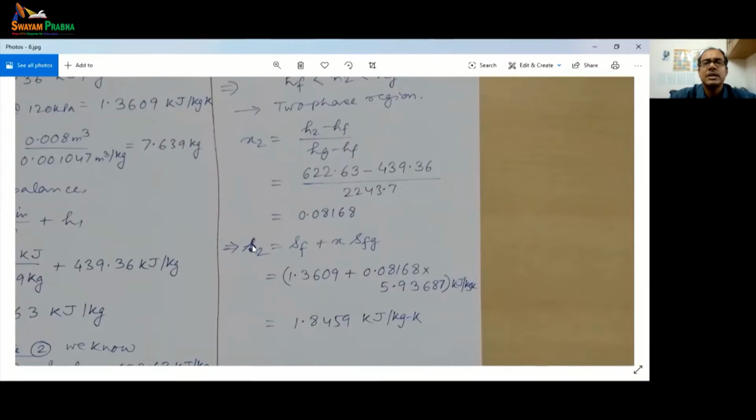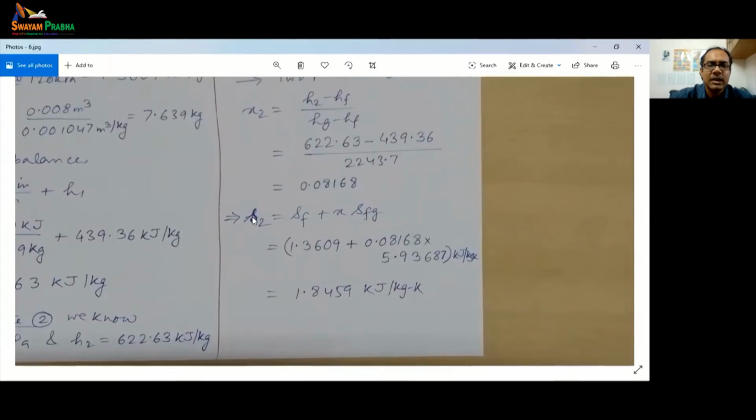So about 8% is pure vapor and the rest is pure liquid. Once we know x2, we can find the respective value of specific entropy in state 2. That will be s2 equal to sf plus x times sfg. If we look up these values from the table and carry out this calculation, we get 1.8459 kilojoule per kg Kelvin.